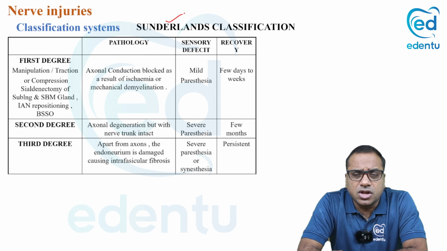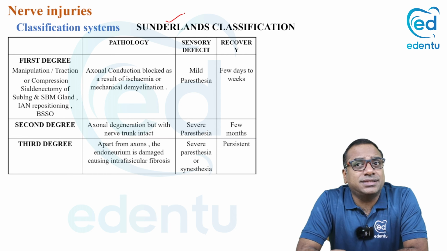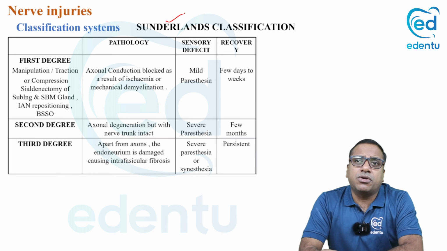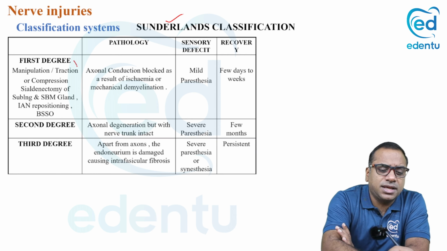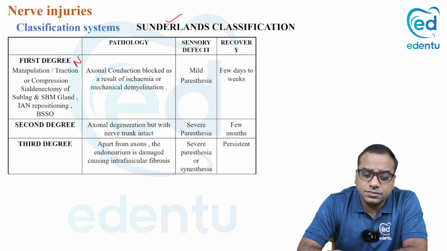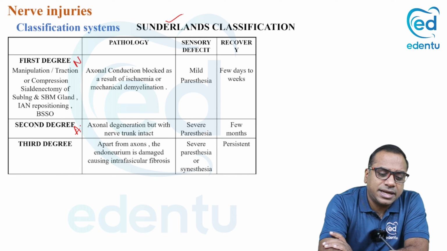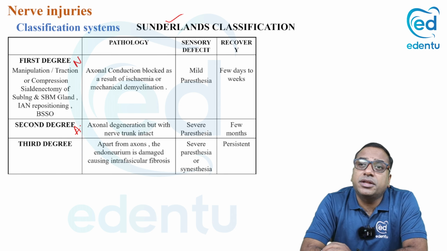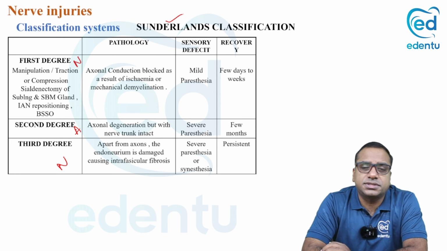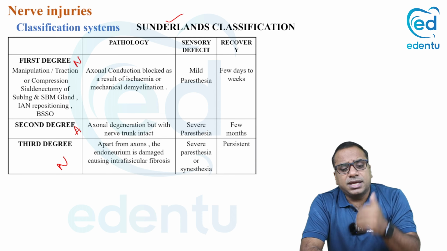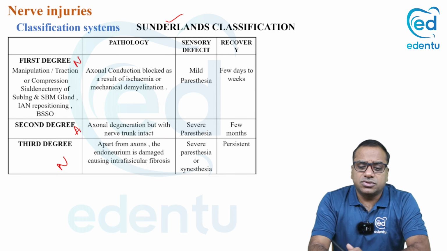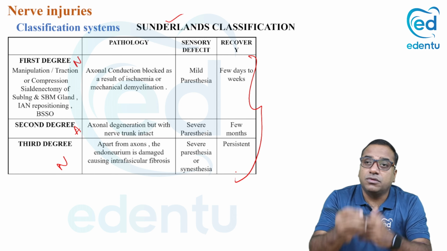The first, second and third degrees are the same as Seddon's classification. Nothing changed. First degree is neuropraxia, second degree is axonotmesis, and the third degree is neurotmesis. So the same thing we studied in Seddon's 1, 2, 3 is Sunderland's 1, 2, 3. So this whole thing we know.